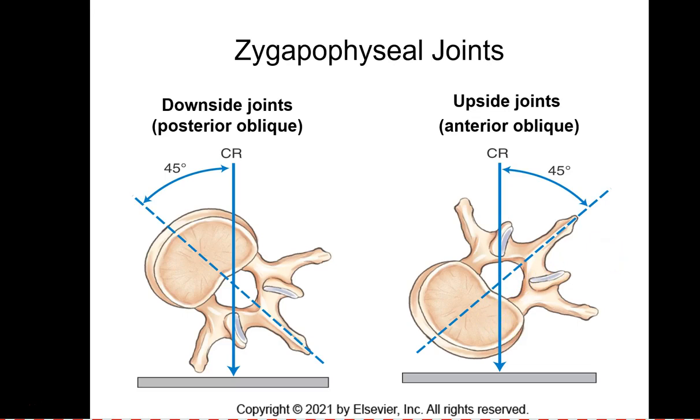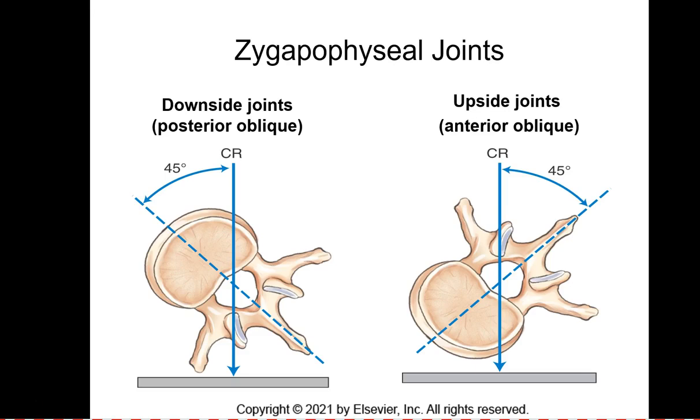Remember, as I said in the last slide, the degree of rotation depends on which area you're looking at. We use a 45-degree oblique for a general survey of the lumbar region, but if you're looking at L1 or L2, you'd maybe want to use 50 degrees. Remember, upper lumbar vertebrae more closely resemble thoracic vertebrae, which need 70 degrees of obliquity to visualize those Z joints.